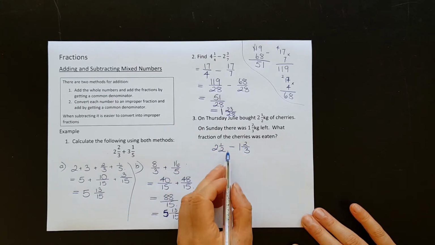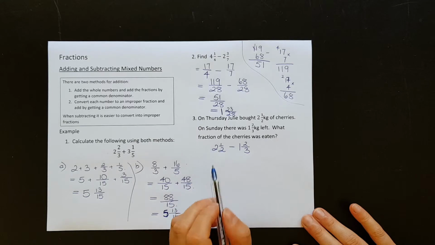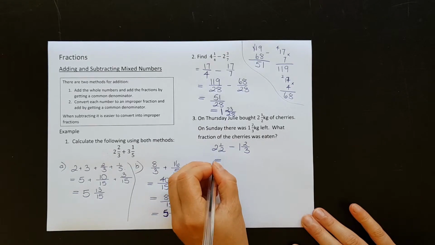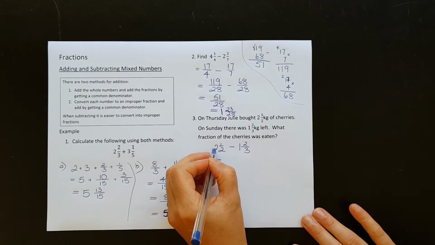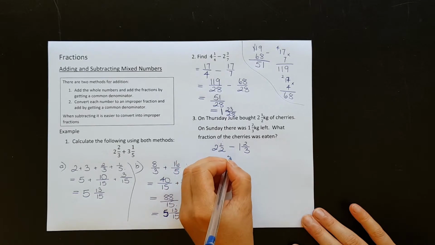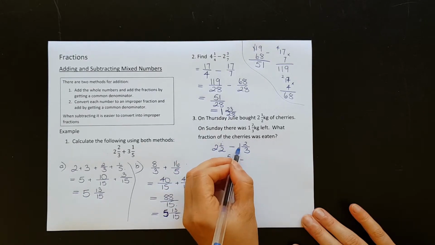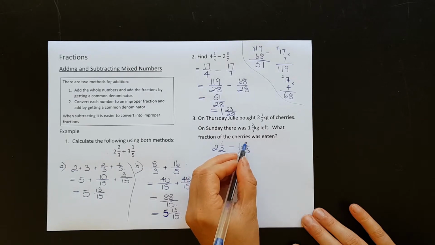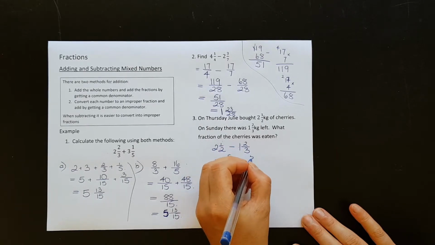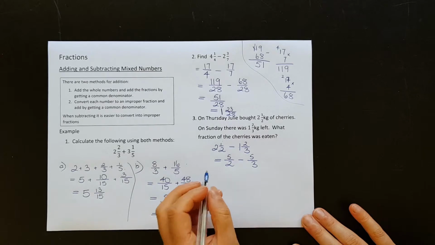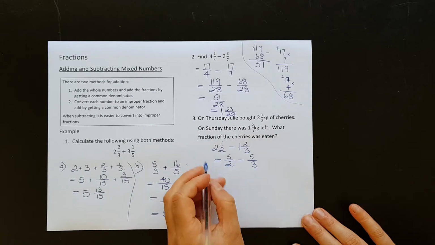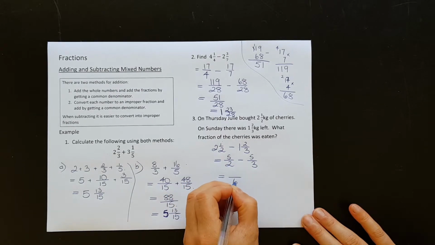So because I'm subtracting, I need to put those into improper fractions. 2 times 2 is 4, plus another 1 is 5 on 2, minus 3 times 1 is 3, plus on the 2 makes 5 on 3. Getting a common denominator, the denominator would be 6.